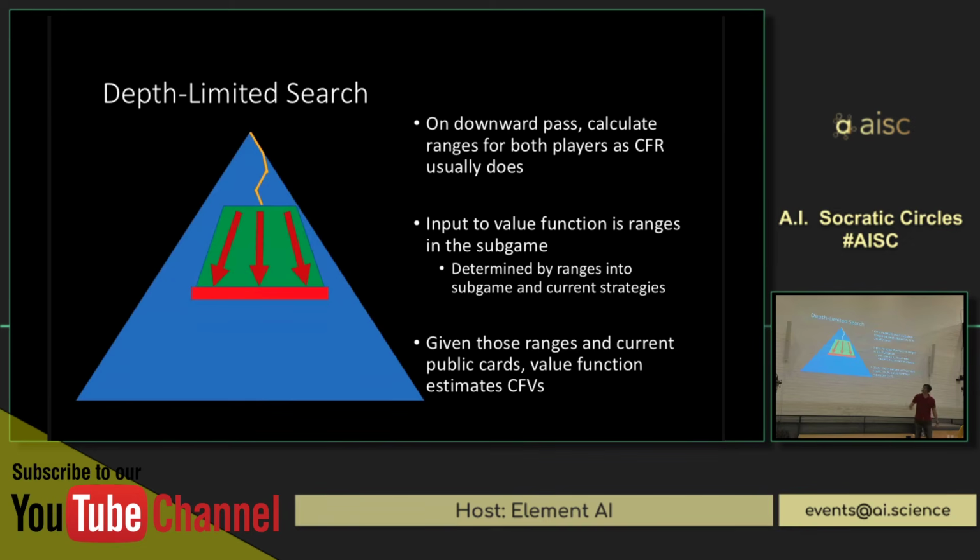So we're going to do the same thing. On the way down, we're going to calculate the ranges for the players. We're going to calculate those probabilities of reaching each history, as CFR usually does. Then you're going to get to the bottom, and since you're not actually at a terminal state, you're instead going to call the evaluation.